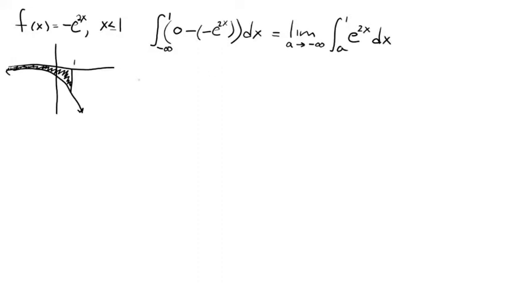Now we can evaluate the antiderivative as a goes to negative infinity. The antiderivative of e to the 2x is going to be 1/2 e to the 2x from a to 1.